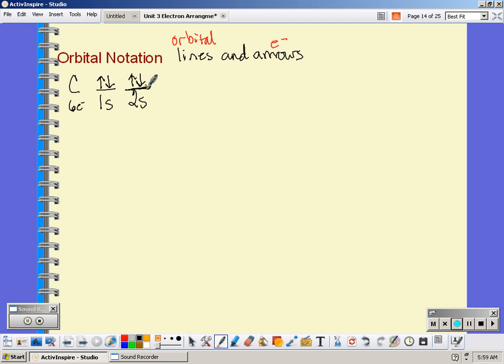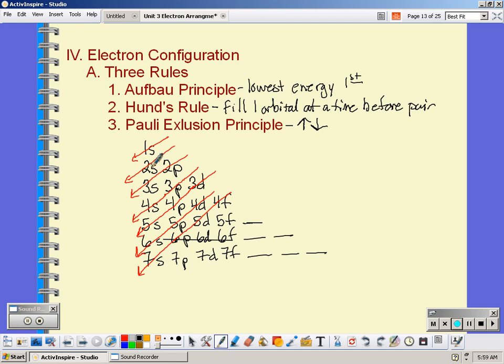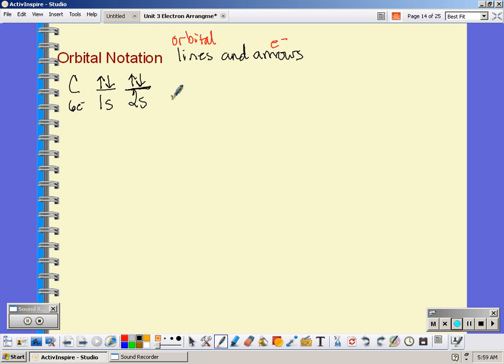So after we fill the 2s, we're going to fill 2p. Well, the p sublevel has 3 orbitals. Now I only have 2 electrons left to put in there. Hund's rule says they're going to want to go to their own orbital before they pair up.